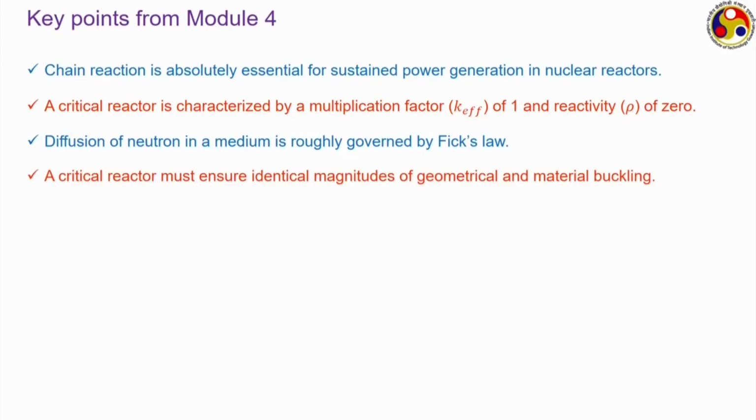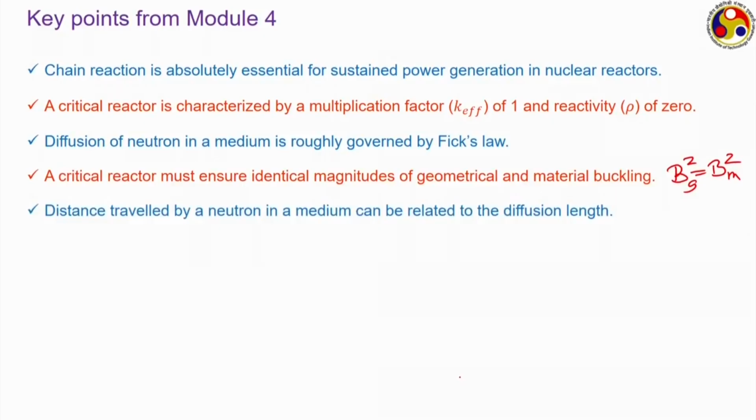Then, following from there, we have identified that the critical reactor must ensure identical magnitudes of both geometrical and material buckling parameters, because that is the mandatory condition. Or we can also write mathematically Bg square is equal to Bm square.